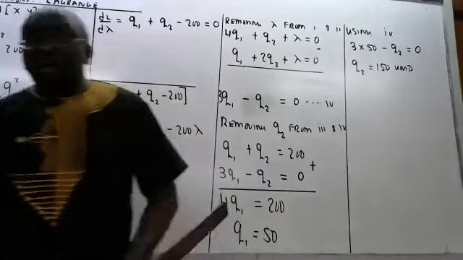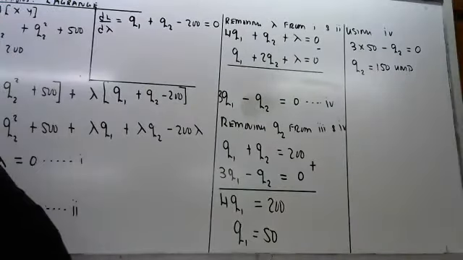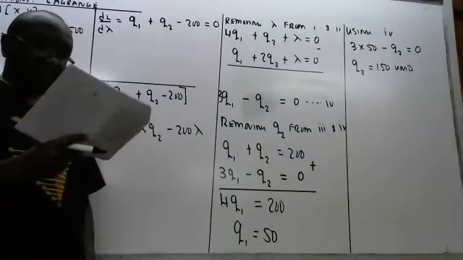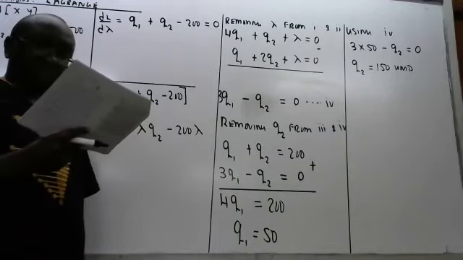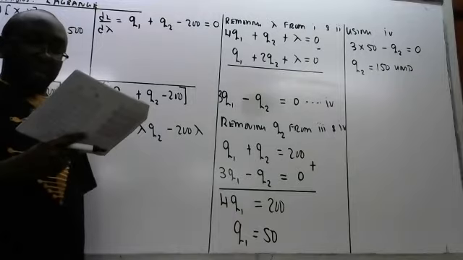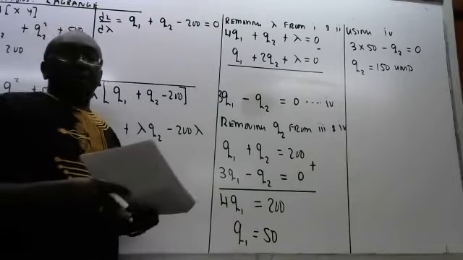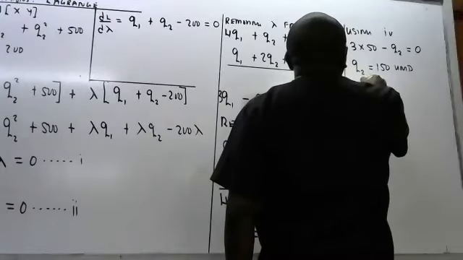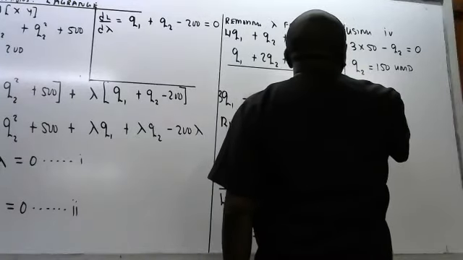So what had the question required? The question had asked us to get the quantities of the product that should be produced by factories X1 and X2 in order to minimize the cost. So you are actually minimizing. So those are the units. Thus, minimum cost.